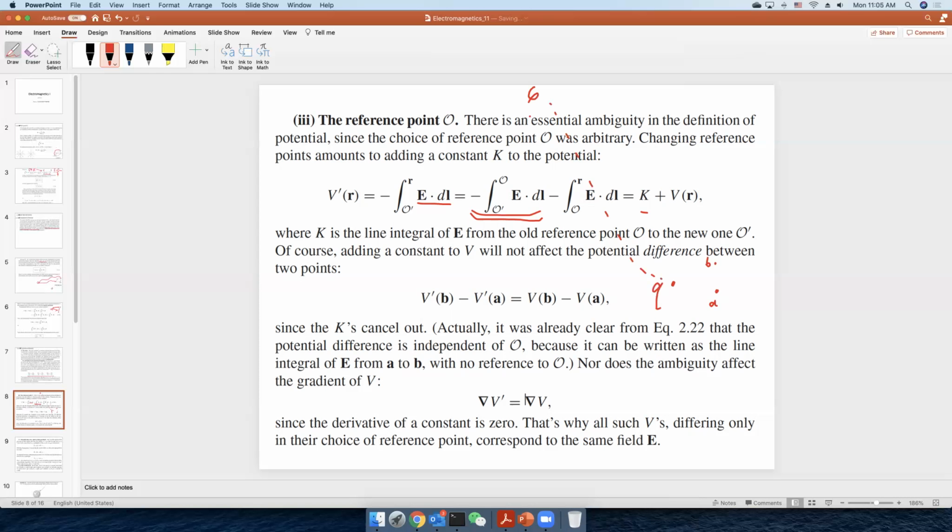So you define the potential at infinite location to be 0, and then you calculate the potential of A or B. But in most cases, we care about the potential difference between A and B.